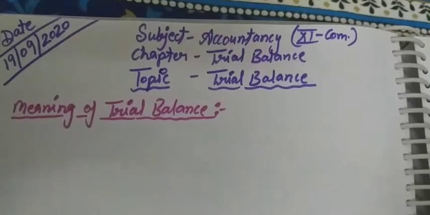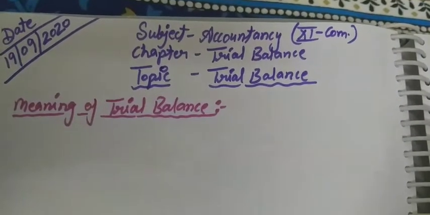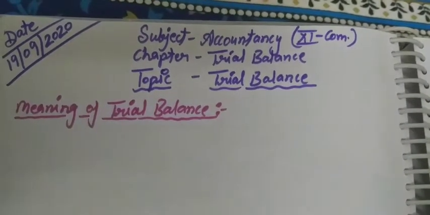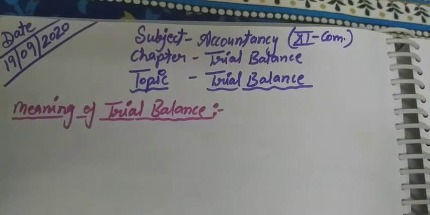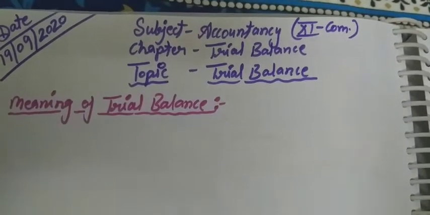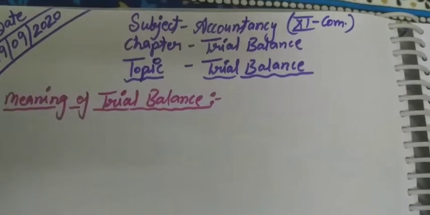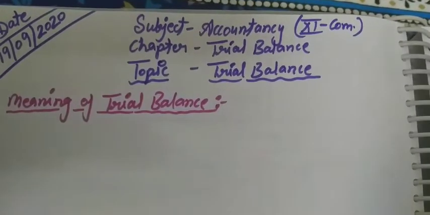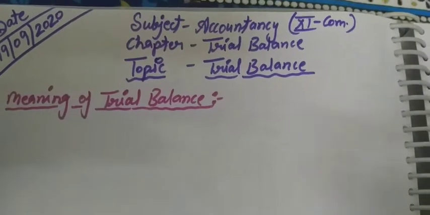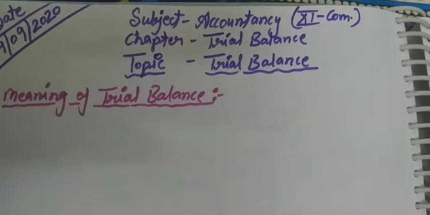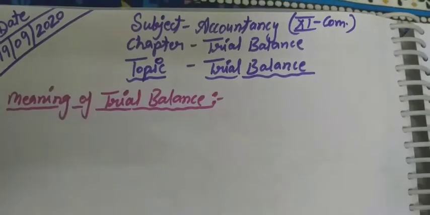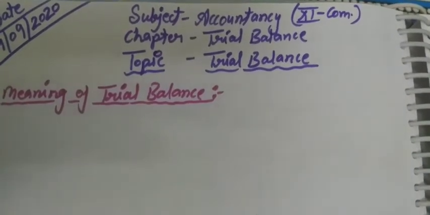Already I am talking about the trial balance. Whatever balance is in the accounts, whether on the debit side or the credit side, the debit balance will be transferred to the debit side in the trial balance, and the credit balance will be transferred to the credit side in the trial balance.